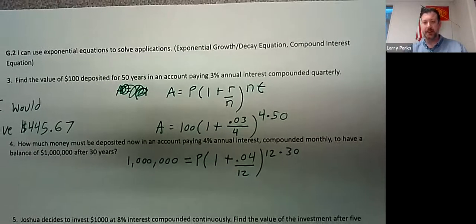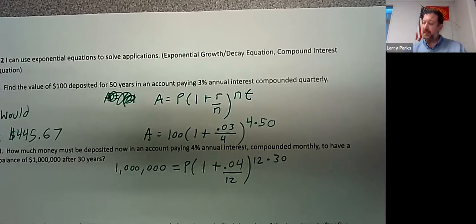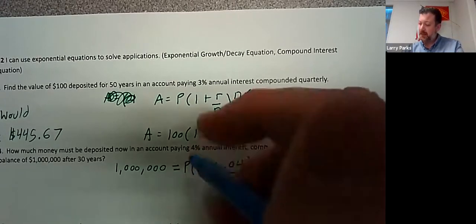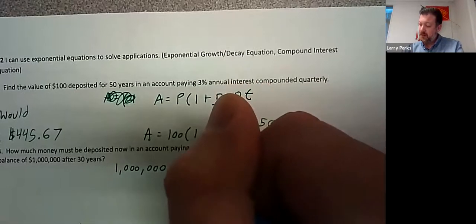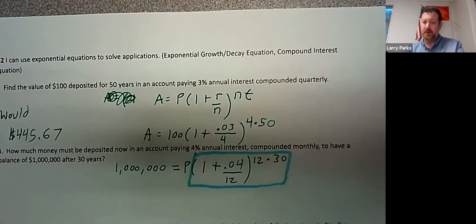All right, well, let me think how I want to do this. Oh, that's not too bad. I see. To get P by itself, I could just divide both sides by this. And now P will be by itself.